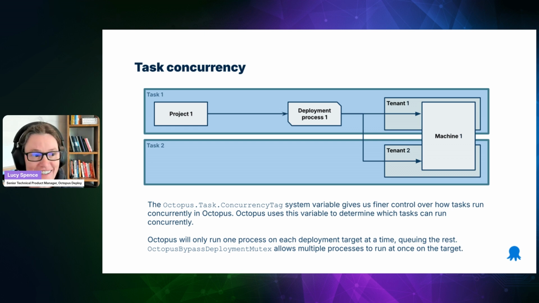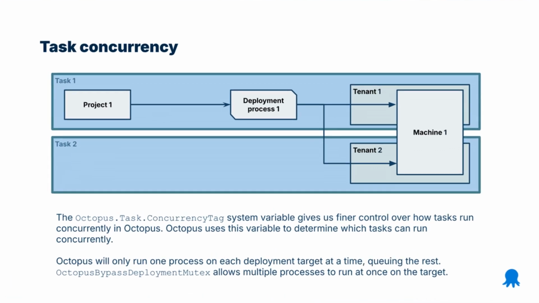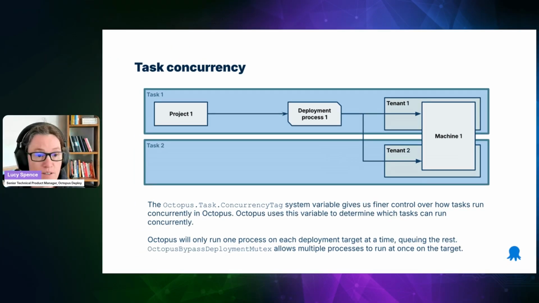The other thing that you'll need to do, and we'll talk about this in a bit more detail, is the bypass deployment mutex. Octopus typically only runs one process on a machine at any point in time. And the reason for this is we behave defensively around file systems. We don't know what's happening in your deployment process.